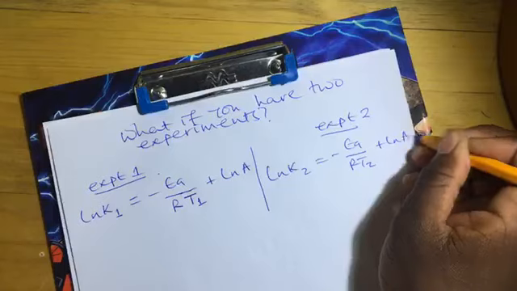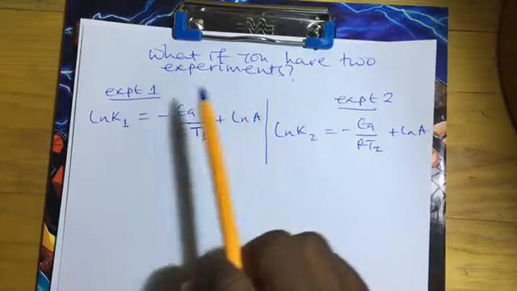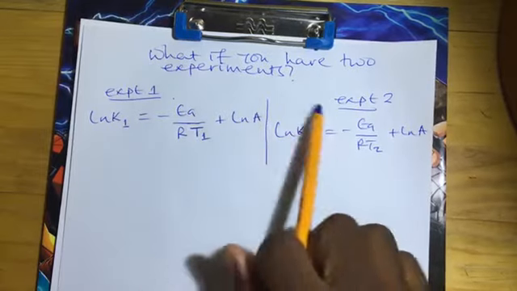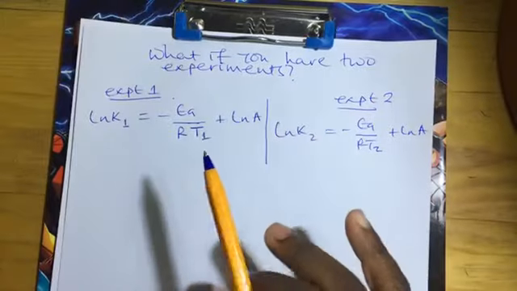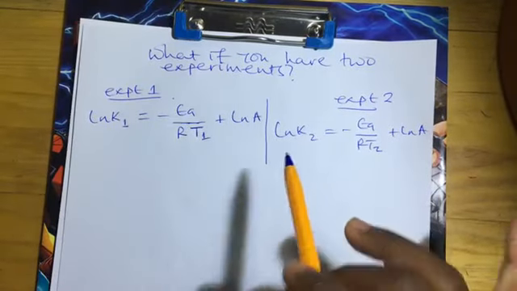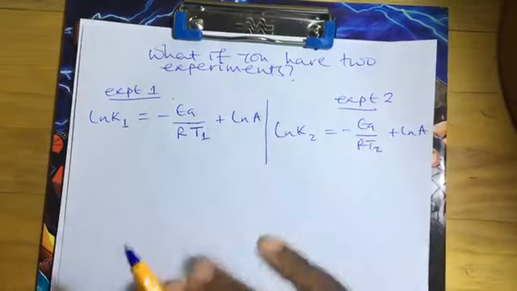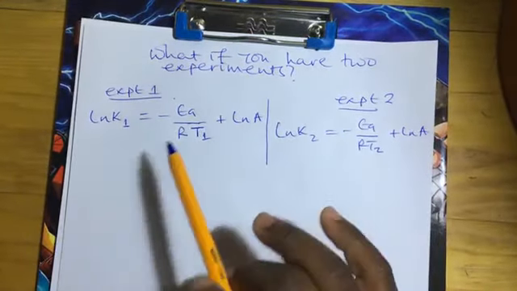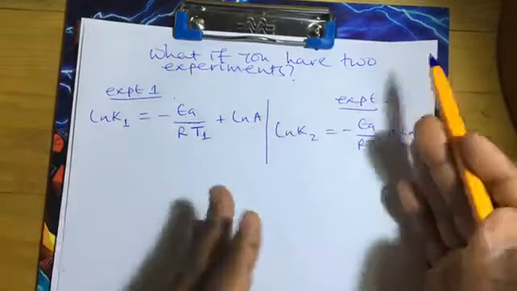Now, I want you guys to look at both equations. What is common about both equations? What part is appearing in both equations? Is it the ln Ks? Is it the Eas? Is it the ln A?